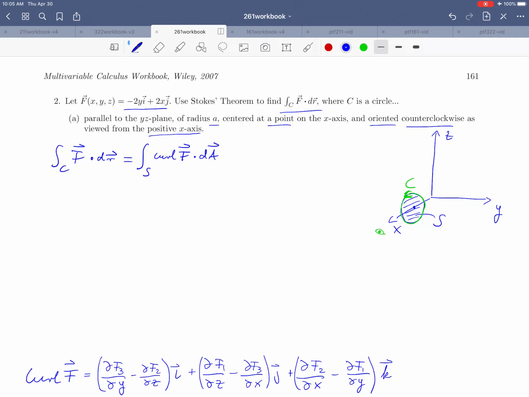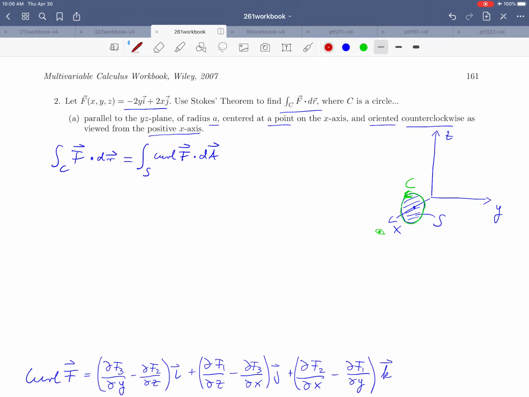The surface S is the inside of our circle right here. To compute this flux integral, our surface needs an orientation, and the orientation needs to fit the orientation of the circle using the right-hand rule.